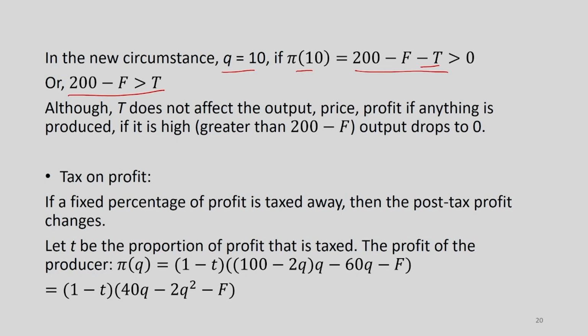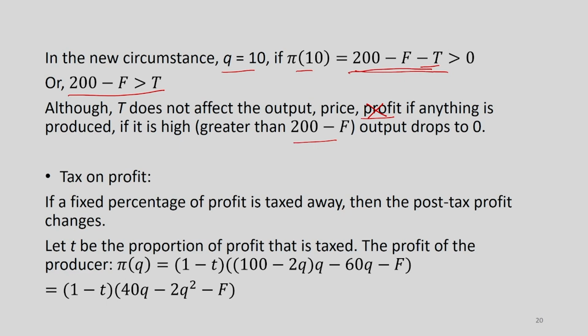Although T does not affect the output, price, profit, if anything is produced, if it is high, greater than 200 minus F, output drops to 0. Actually, this is not correct. Profit is going to be affected, the maximized profit is going to be affected if the producer is producing anything positive, because as you can see, the maximized profit has this minus T component.